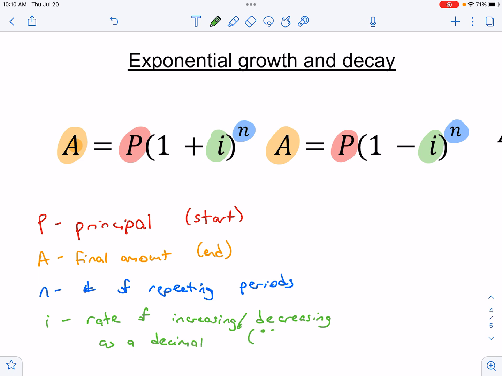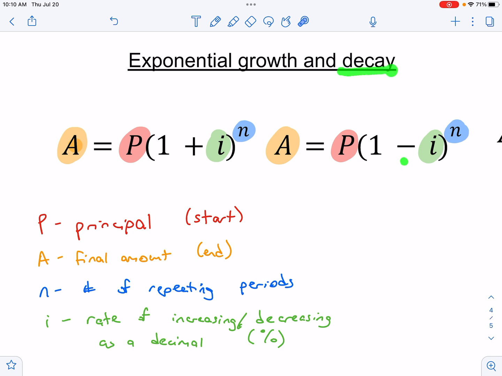Very oftentimes it's going to be given to you as a percentage. You use a plus if it's talking about growth. So I'm going from $1,000 to $1,200. Or you use a minus sign in your formula if it is decaying.